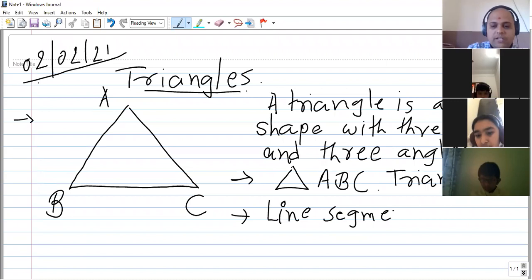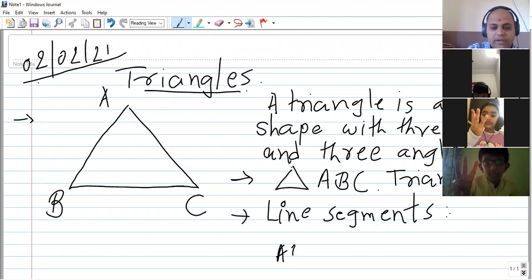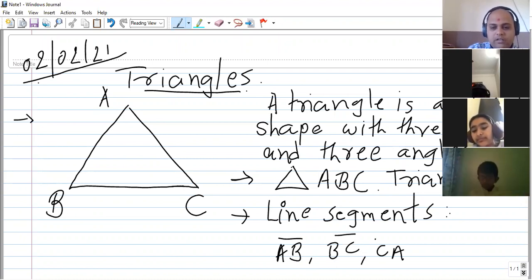How many line segments are there? Which are the line segments for this triangle? Line segment AB, line segment BC, line segment CA, or you can say AC also. That's not a problem. I prefer to go in a circle: A to B, B to C, C to A.